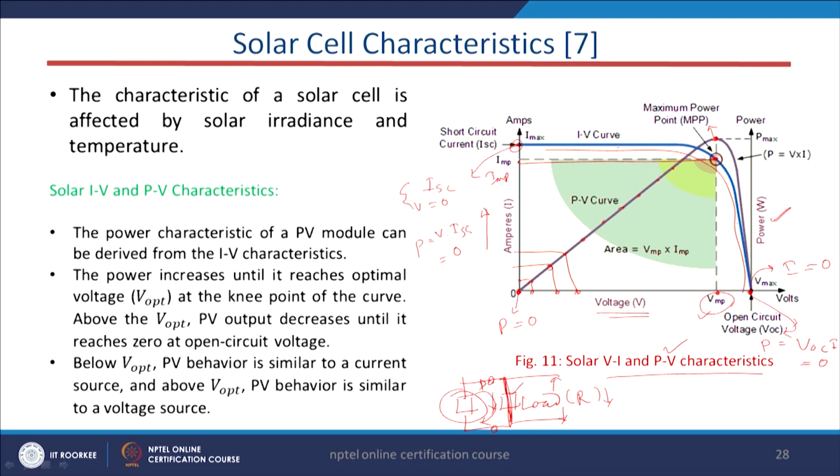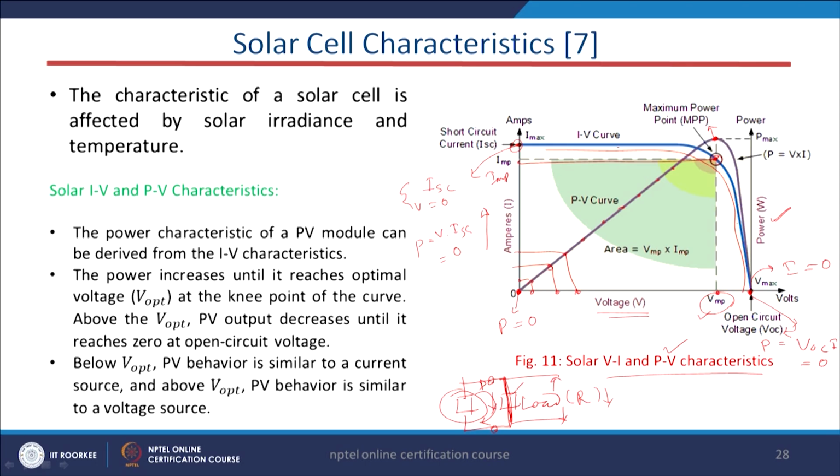It may reach this point, not necessarily will the PV curve be below my VI curve. If you multiply VMP and IMP, you get this point, that is known as MPP.